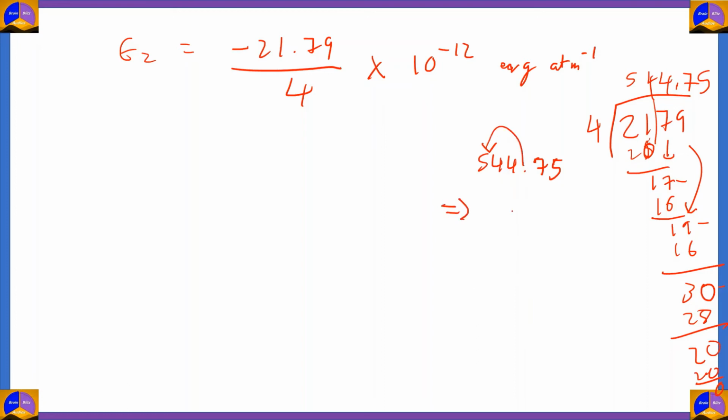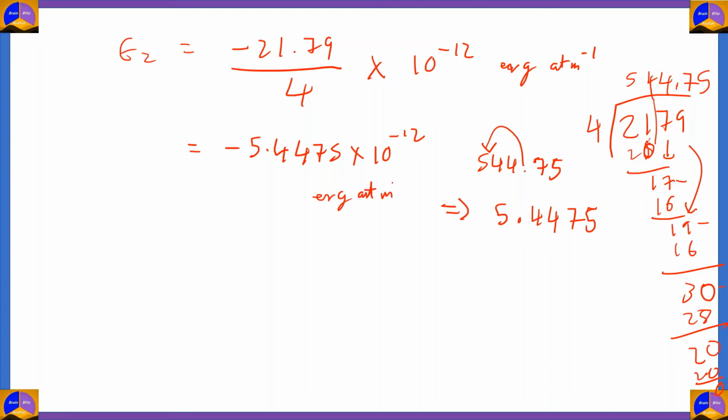And so our answer for 21.79 divided by 4 is 5.4475. And since there's a minus, that does not get eliminated, so it stays there. So E2 will be minus 5.4475 into 10 raised to minus 12 erg per atom.